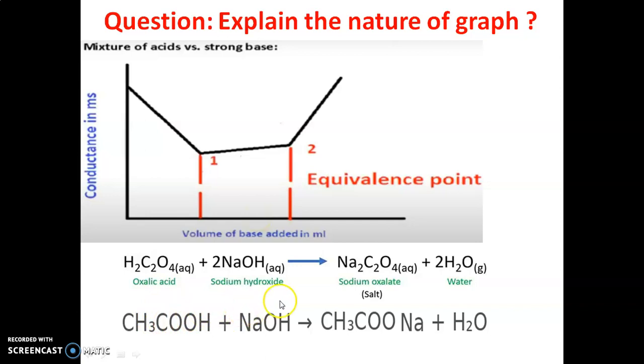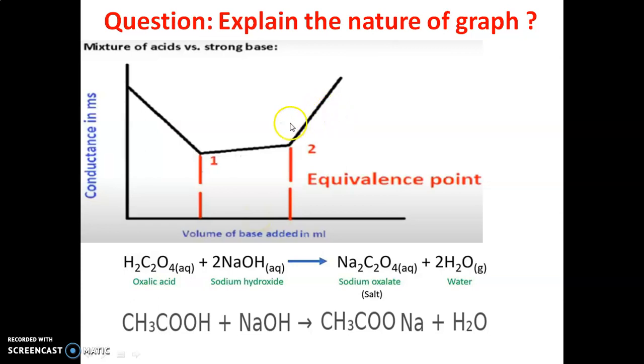In this case, the conductance increases due to formation of an ionizable salt, that is sodium acetate. It is a strong electrolyte. Therefore, the conductance increases up to equivalence point 2. At equivalence point 2, complete formation of sodium acetate takes place. After equivalence point 2, again there is a rapid increase in the conductance due to excess of NaOH.